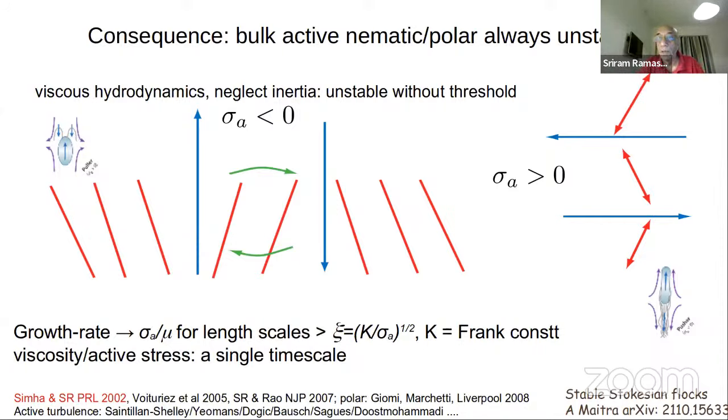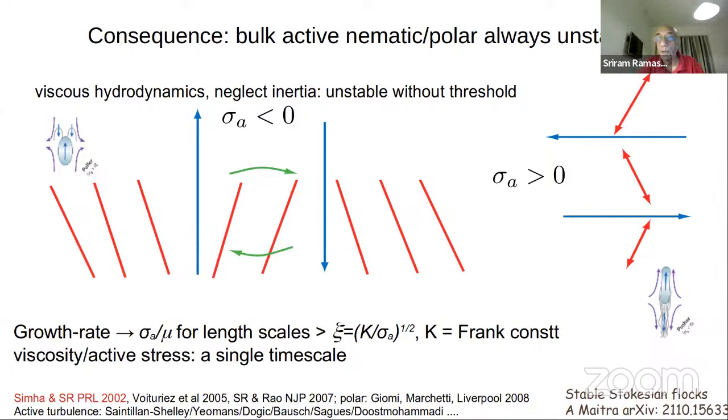So I've got a bunch of active swimmers, which I've shown as these red rods here. Rather than looking at a bulk three-dimensional system, I look at a confined two-dimensional system. I place my system between a microscope slide and a cover slip, or a base and a ceiling. Okay, I confine it in the plane. I then ask, what happens to this system?